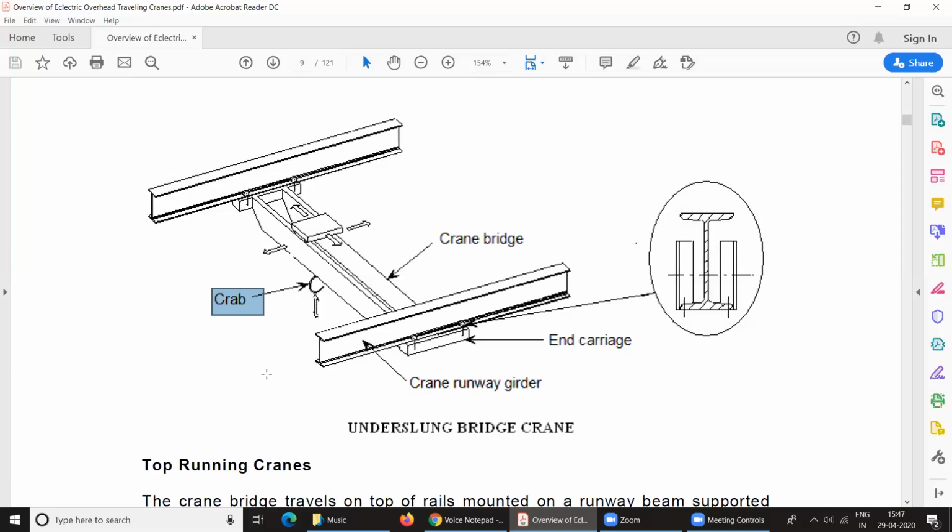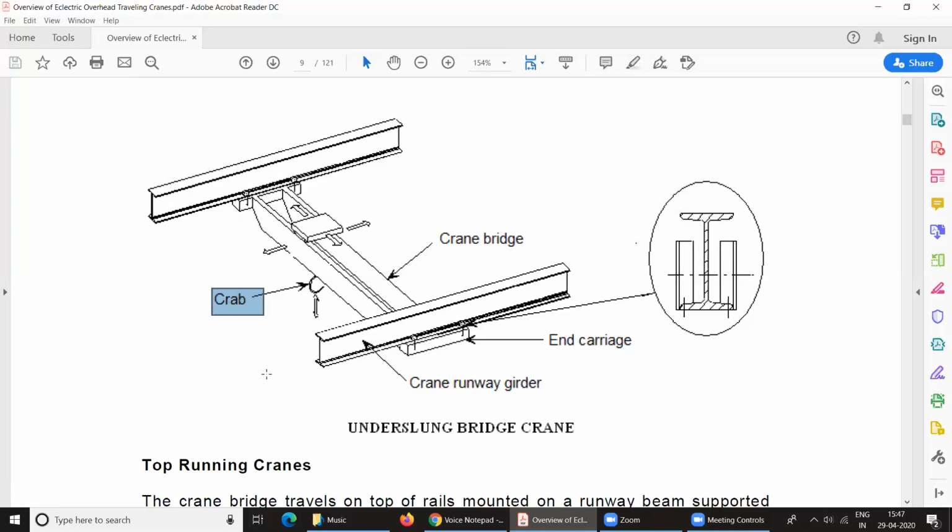Control of all movements, hoisting, cross travel of hoisting devices, and long travel of the bridge of an electric overhead traveling, that is EOT crane, can be through a pendant from the floor or may be remote operated through radio or other devices.